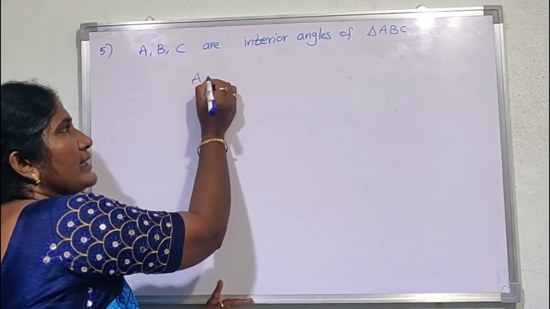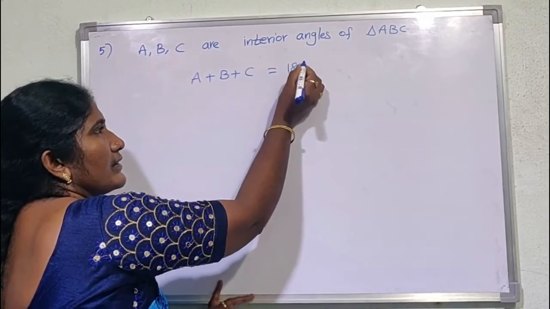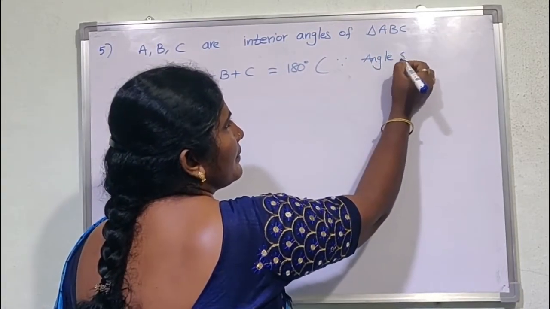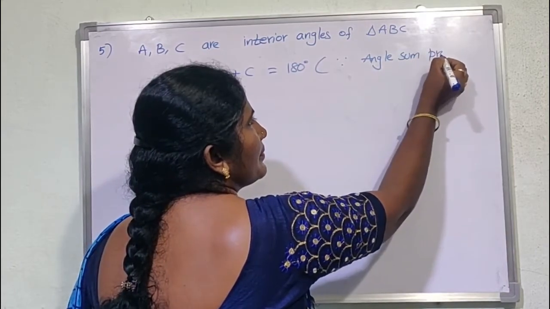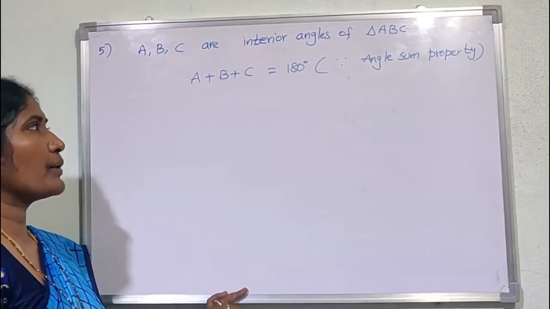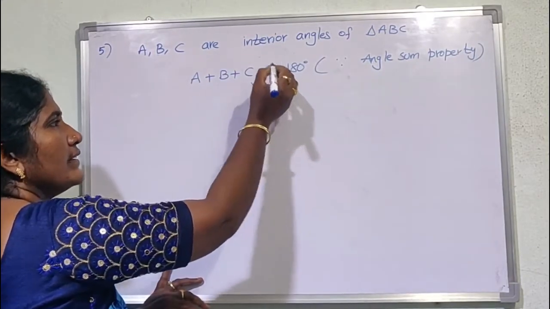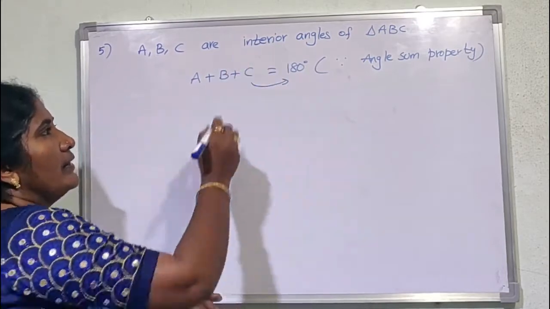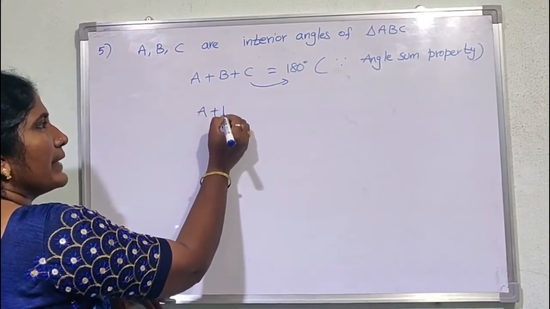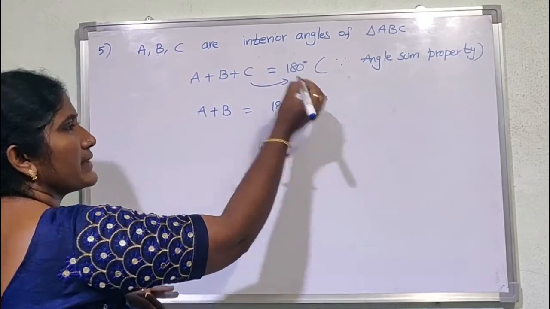The sum of three angles in a triangle is 180 degrees. This is the angle sum property. Here A plus B plus C is equal to 180. Transpose C to the RHS side. Then A plus B is equal to 180 minus C.